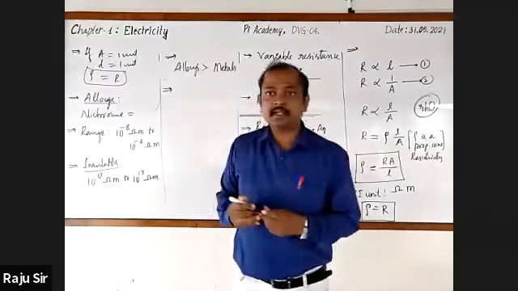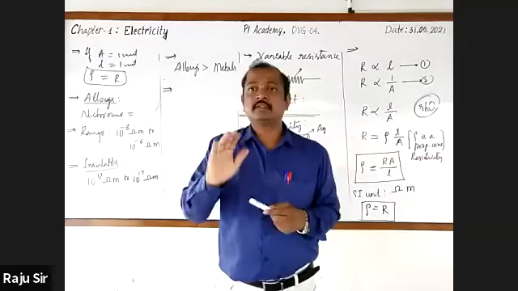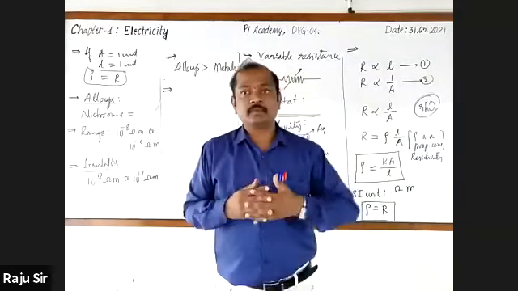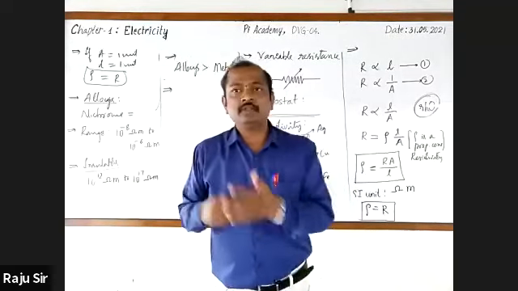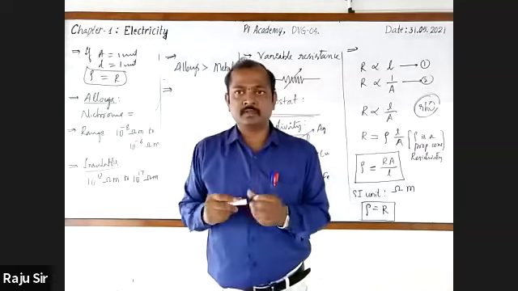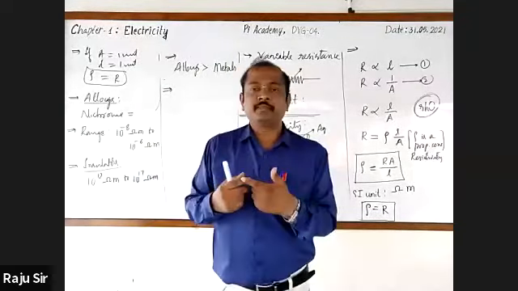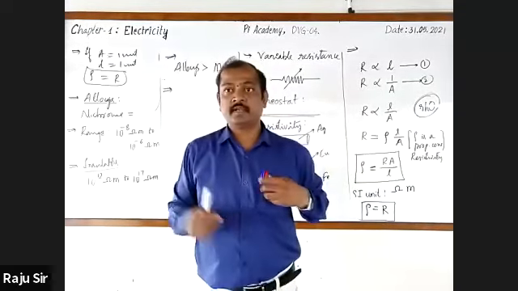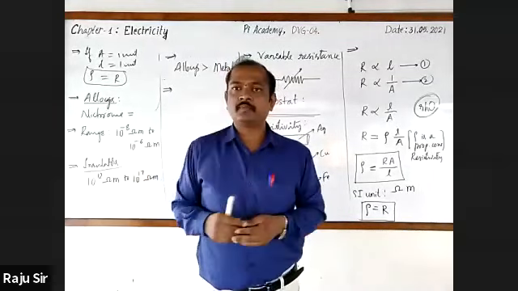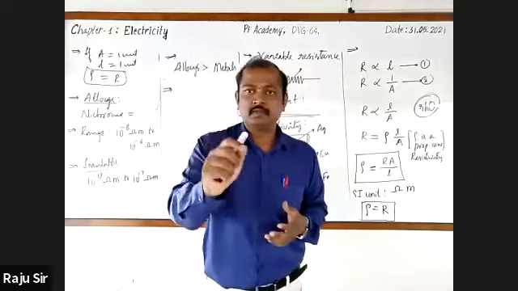Dear students, because of this high resistivity of alloys and metals, we will go for using these for different purposes. When you recall the electrical heating devices like electric oven, electric iron box, in that filament is used.